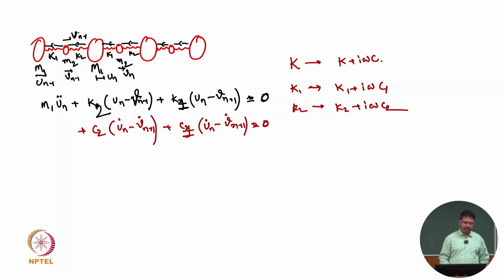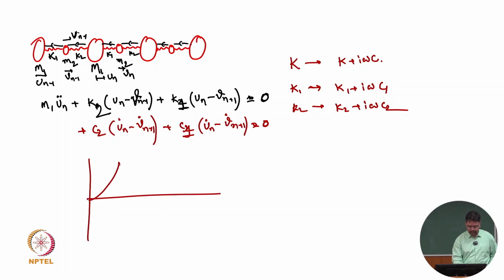Okay, and so what can be expected from that? That was my dispersion diagram in the last case, if you remember. There was a dispersion diagram for the undamped case. How can it be changed, where can you find the changes?